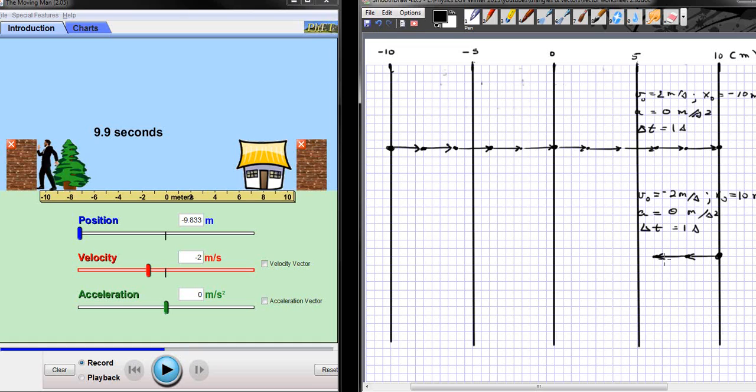Delta t again is 1 second. 1 meter, 2 meters. And so we'll get a motion diagram that looks very much like the one that we did on the top, except that now the displacements are going in the opposite direction, and that corresponds to a velocity of minus 2 meters per second.